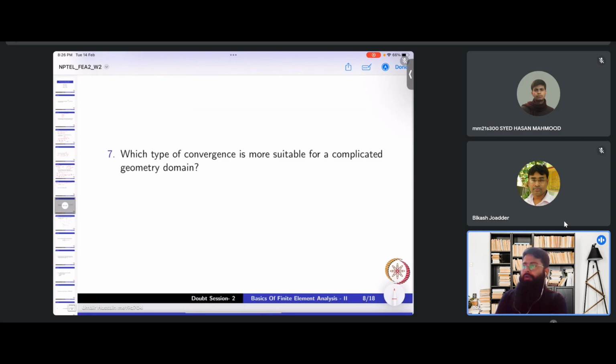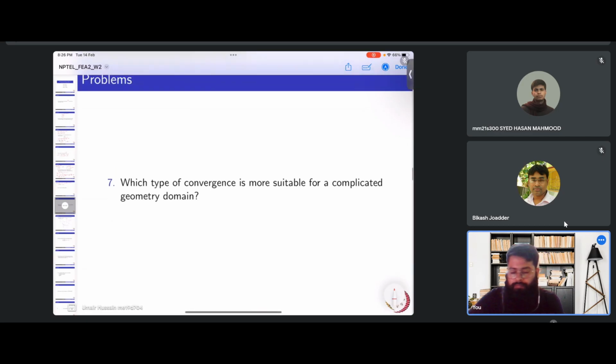So, first of all, what are the types of convergence we have? So, we have two types of convergence.